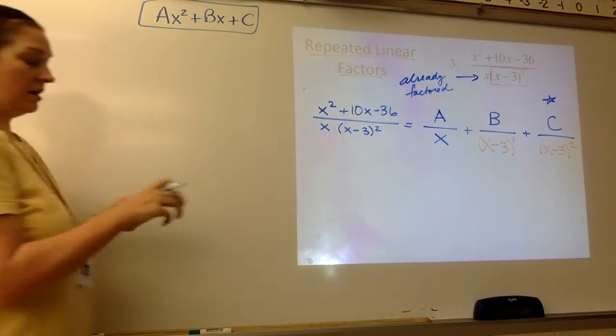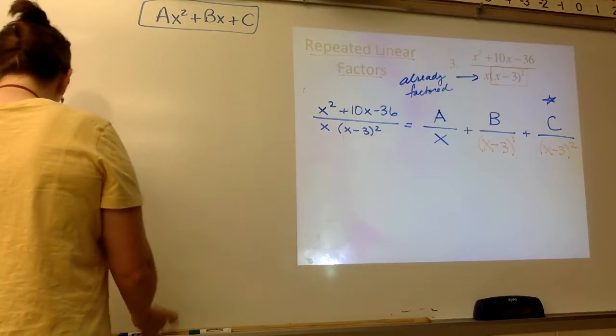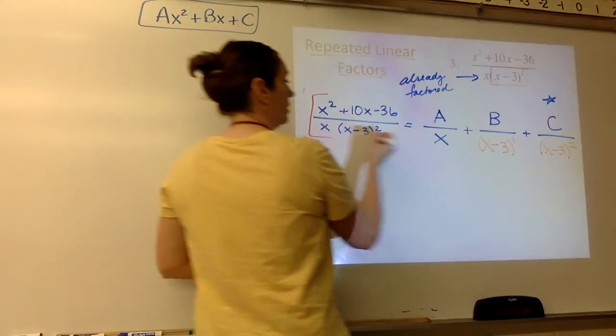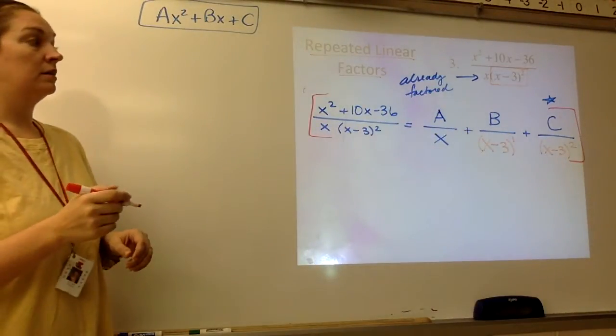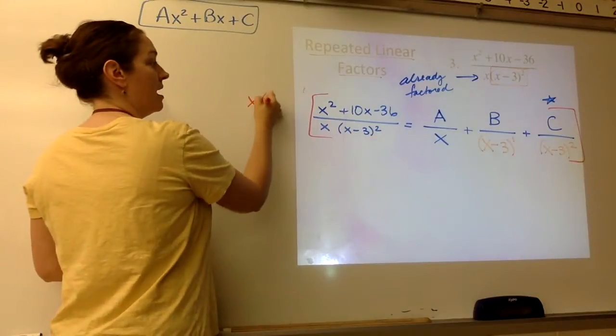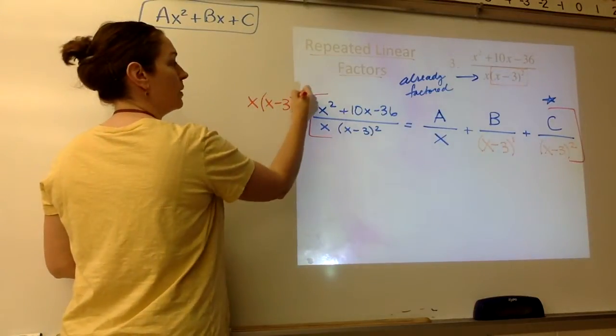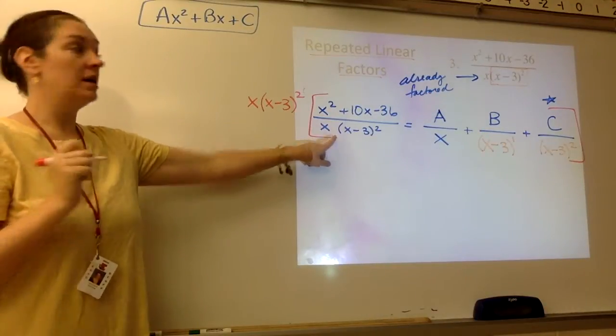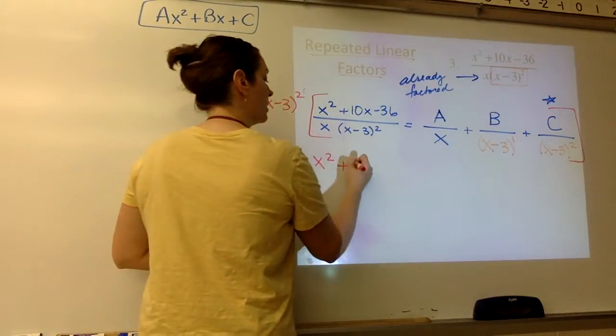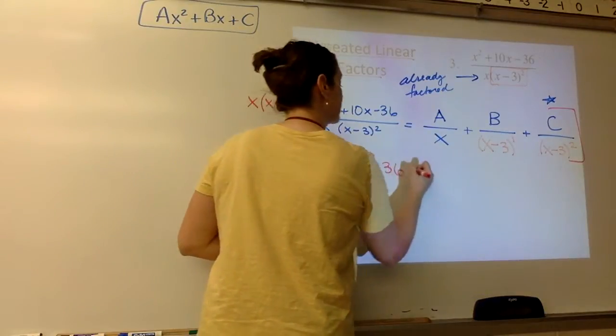Okay. Now what do we do from here? Everything's the same. What do I multiply the whole equation by? x times x minus 3 squared. Do I have that here? Yes. x squared plus 10x minus 36 equals.